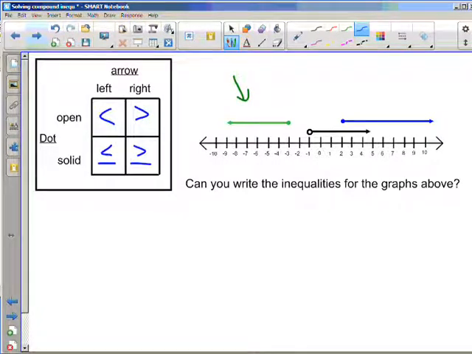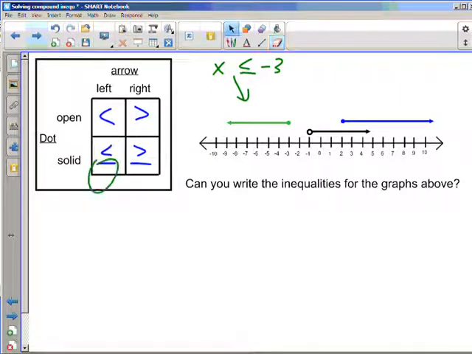So if we wanted to write the inequality that goes with this green one, we would write x is, and the arrow goes to the left, and it's a solid dot, so less than or equal, and then the number is -3.